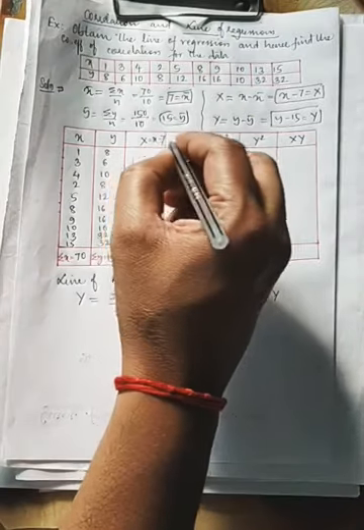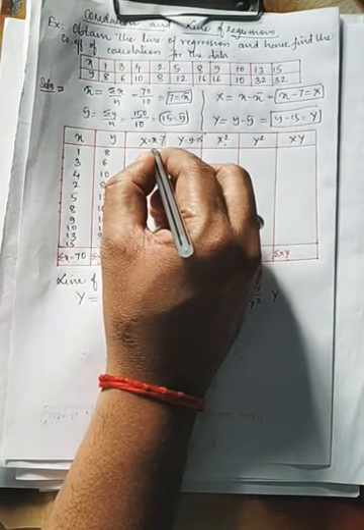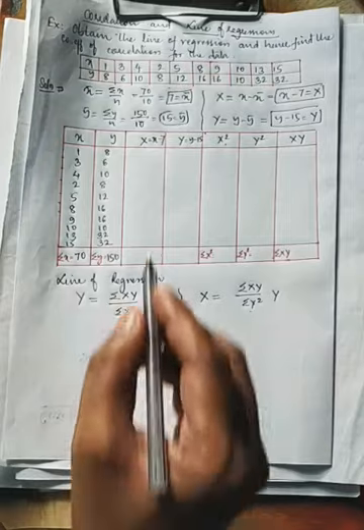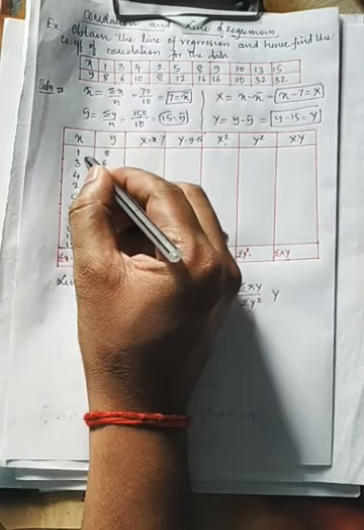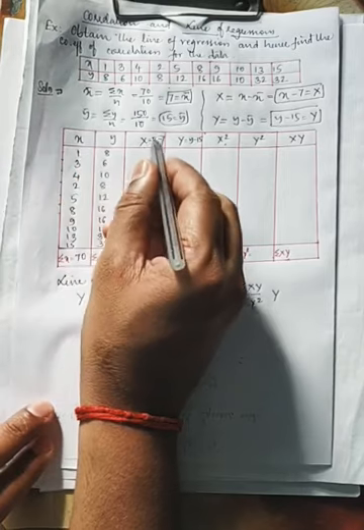Now we take capital X calculation. What is capital X calculation? Capital X is nothing but small x minus 7. This is the small x column, so this minus 7.